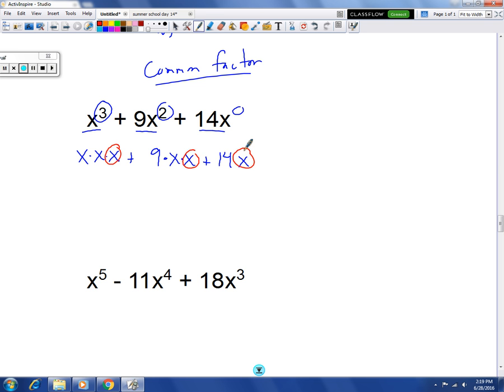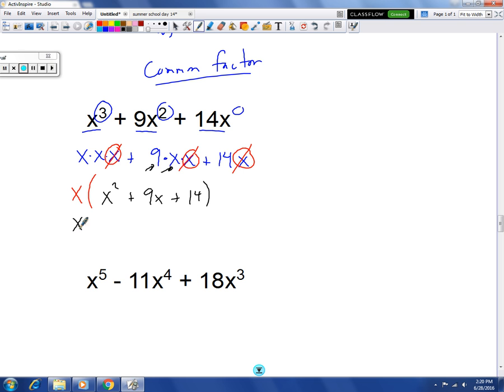Use the smallest amount. So I'm going to pull that x on the outside. Whatever I didn't pull on the outside, I'm going to put inside. So the 2 x's I didn't circle go on the inside. There's a 9 and an x right there, and there's just a plain old 14.